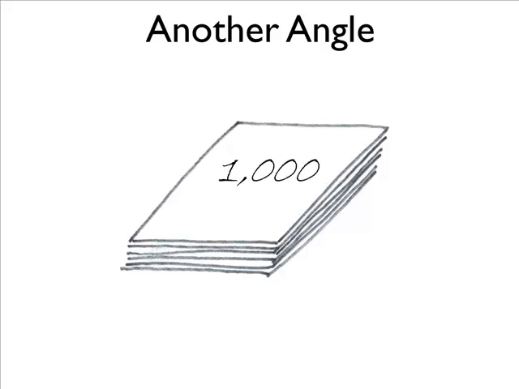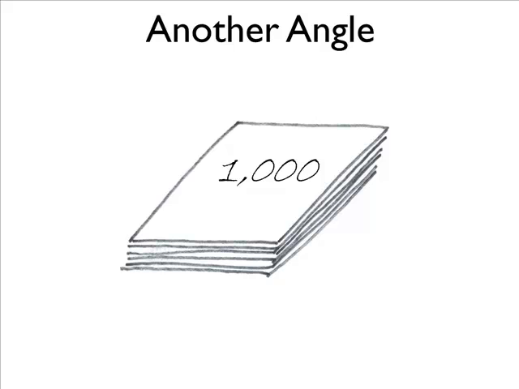Okay, so I'll take the 26 to the power of 8 and I'll write down every possible combination. I'll start writing it on the paper until I've written 1,000 on a sheet of paper. Then I'll take that paper, put it down, and I'll start on a new sheet of paper. I'll write down the next 1,000, put it on top of the other one, the next 1,000, until I've written down every possible combination, all 208 billion.